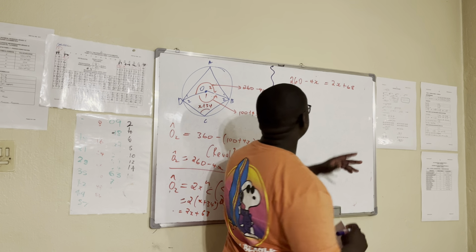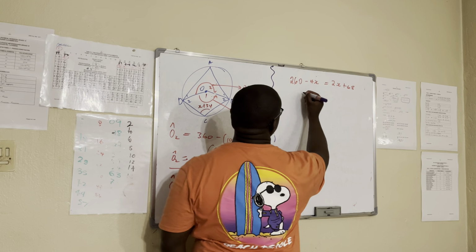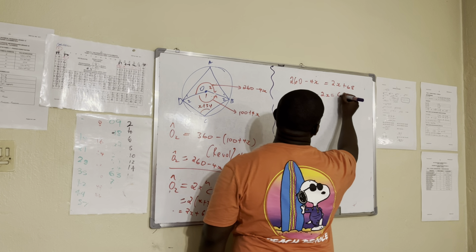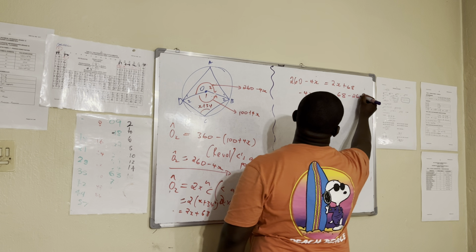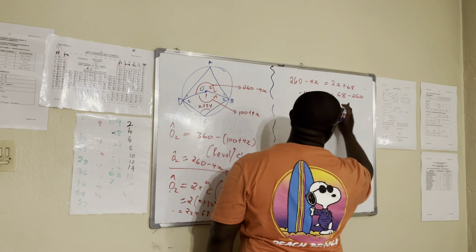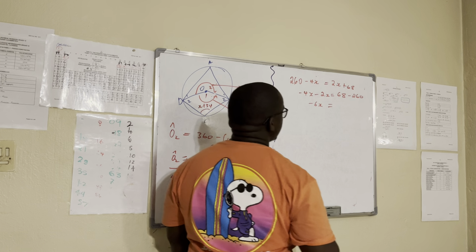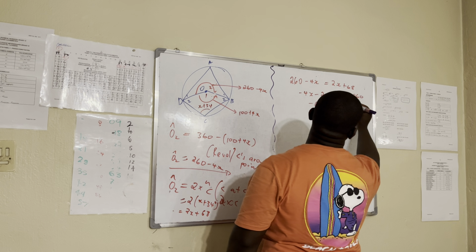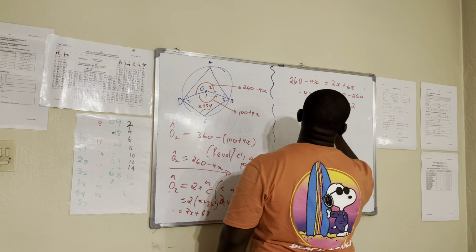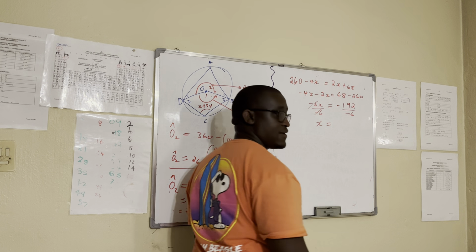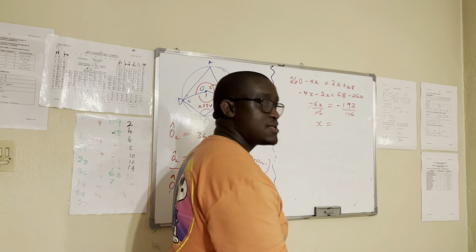I can take this to the other side and that to the other side, so I'm going to have negative 4x minus 2x, which is equal to 68 minus 260. So that's negative 6x equals negative 192. If I divide by negative 6, x is equal to 32.